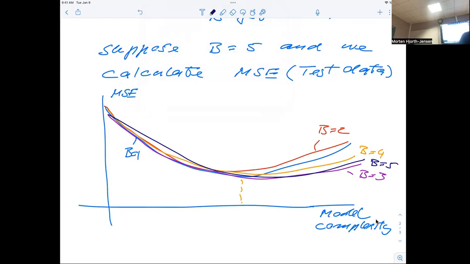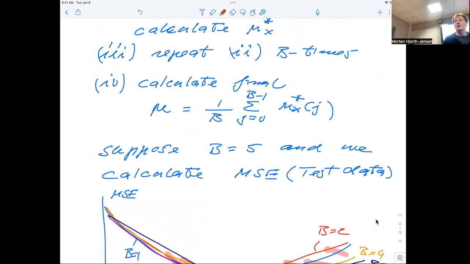That means that you have a range of values which go in this domain here. This is your range of values. And then the final result is going to be the average of all these. So if you go back here, you see that the final expectation value we calculate is the average of all these calculations which we did with each bootstrap.